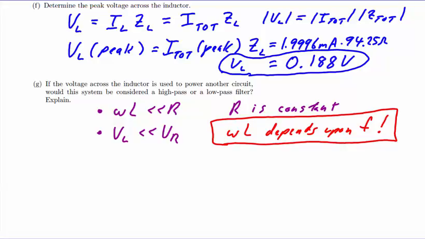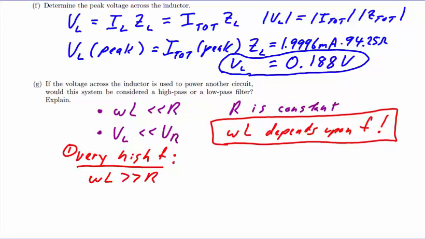Let's take a few limiting cases. If we first consider a very high frequency, we can recognize that the frequency can be made so high that omega L will exceed R by a very significant amount. In this case, V sub L will exceed V sub R, and effectively the inductor wins.